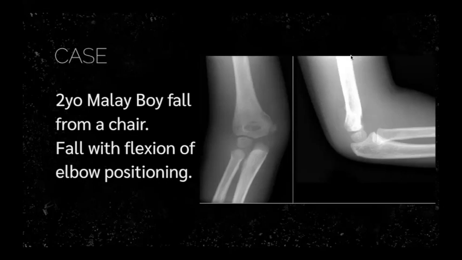So in this case, if you draw an anterior humeral line, anteriorly, it doesn't really transect the capitulum. So this is highly suspicious of supracondylar fracture. If you go back to the AP radiograph, we can see this lucency just above the olecranon. So this is basically a supracondylar fracture.